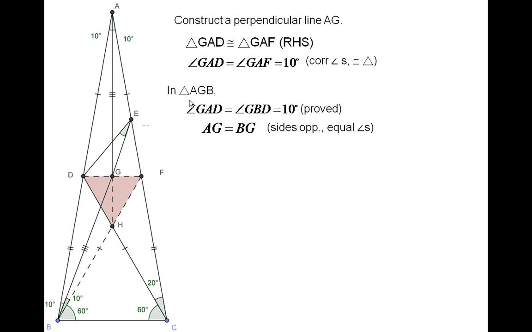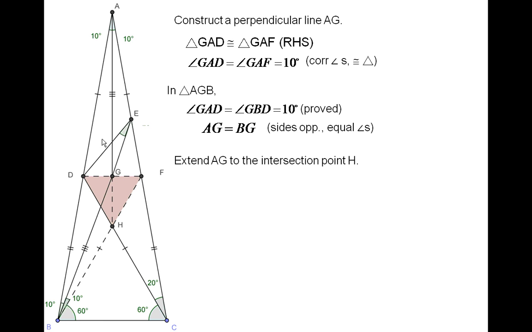In triangle AGB, we can see that angle GAD is 10 degrees, and angle GBD is also 10 degrees. So I can conclude that AG is equal to GB.